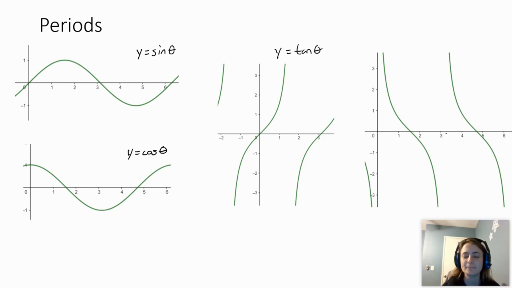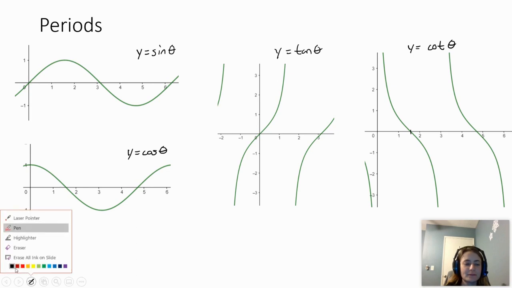This graph here, the midpoint is right here, which is at about pi/2, in decimal form. So this is cotangent.